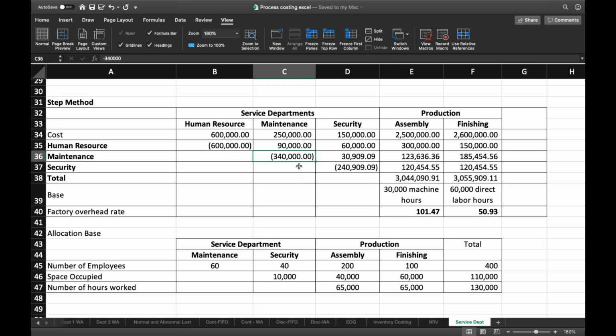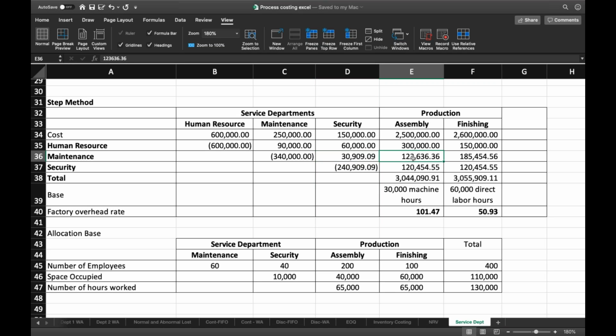So to allocate 340, we will be using space occupied. So for security, they have 10,000 over 110,000 times 340,000, that's 30,909.09.